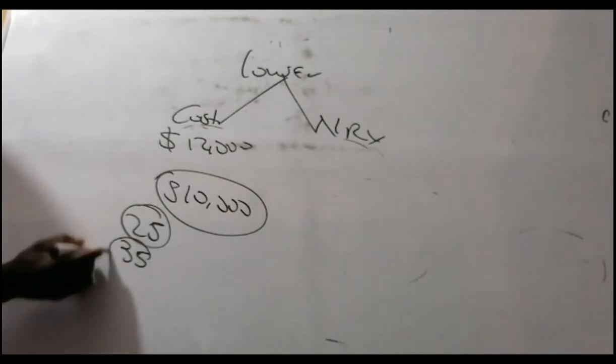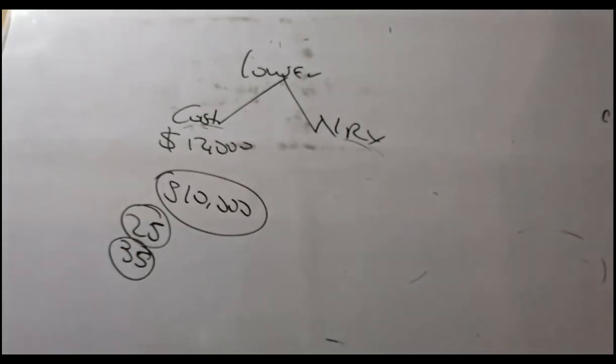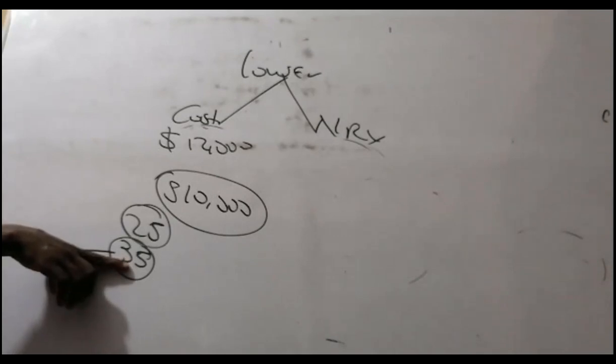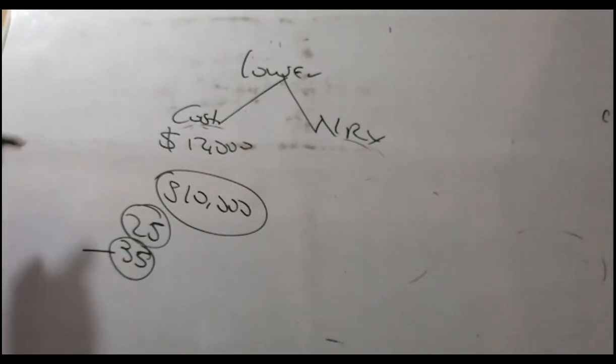This 35 means if I want to get the same question bank, then it will cost me 35 and no longer 25. So that means this 35 becomes a replacement cost. And the NRV is not the same as replacement cost.